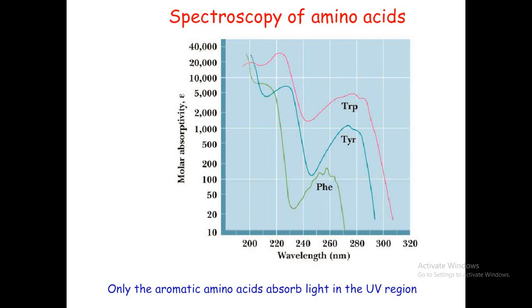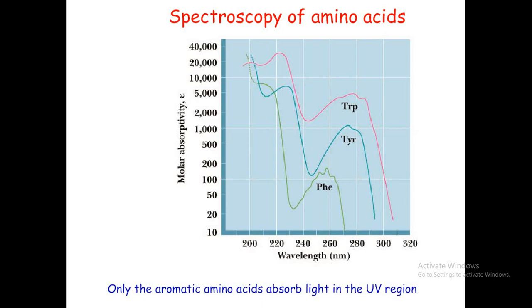If these amino acids are present in a protein, and they have the indole functional group and hydroxyl group that can absorb light, we can easily identify a particular type of protein containing these amino acids from an unknown mixture of proteins.